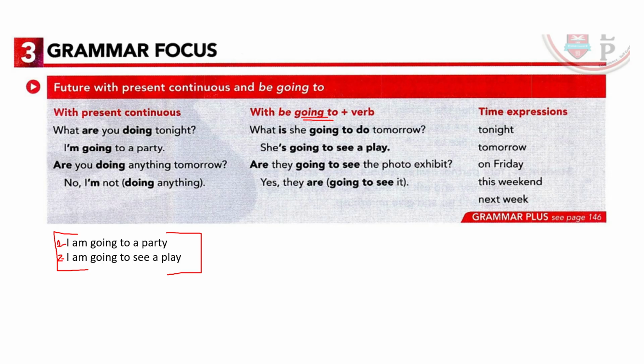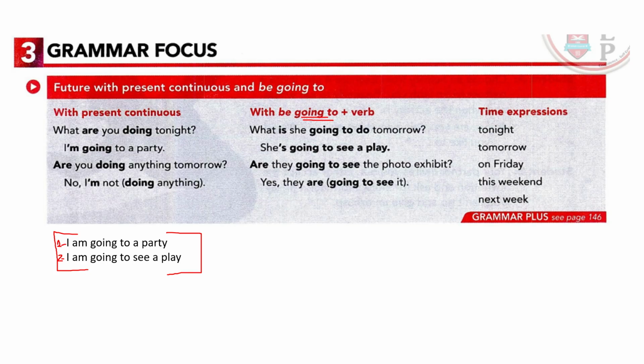I think the present continuous is "I am going to see a play." And the other sentence uses going to. Okay, so Joangel believes that number two is in present continuous and number one is the structure for the future tense.